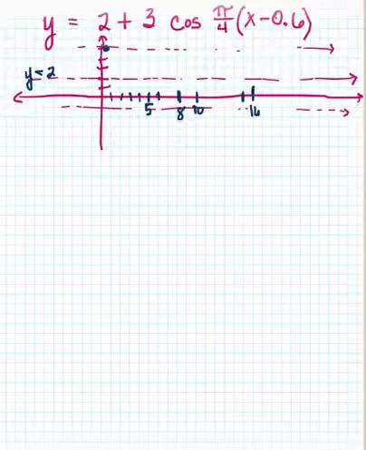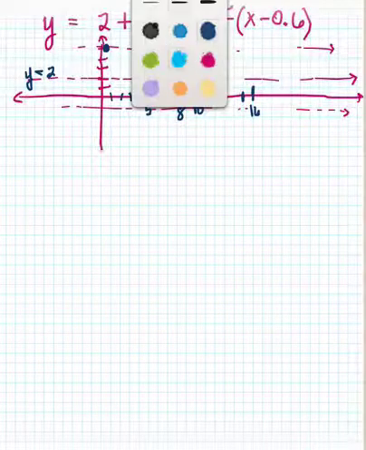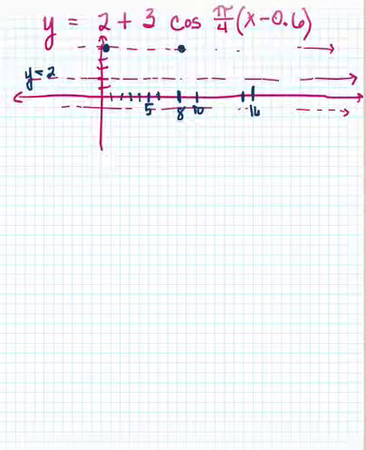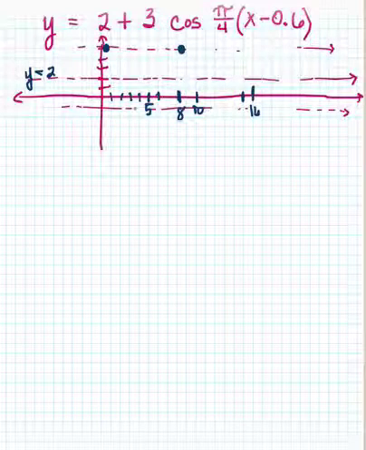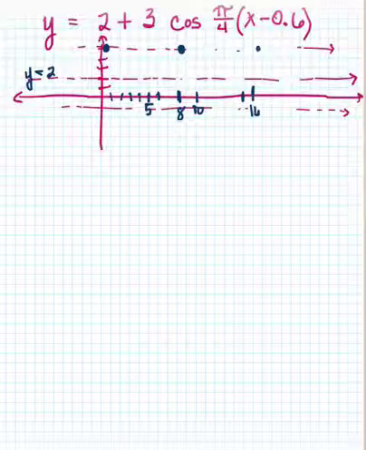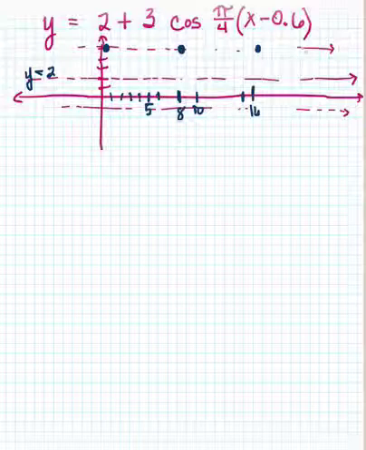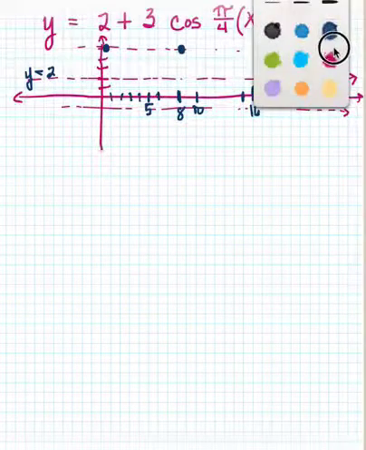Then the high point will be 8 units over, 8.6, somewhere between 8 and 9, about right there. And then go over 8 more units, a little bit over between 16 and 17, about right there. And then 8 more units, 1, 2, 3, 4, 5, 6, 7, 8, about right there.